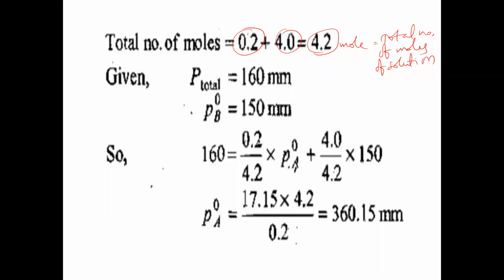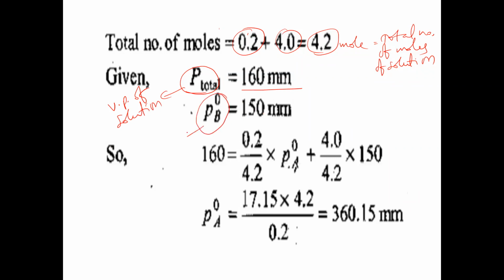Now, given that P total, the vapor pressure of the solution, is how much? 160 mm. 160 mm is the vapor pressure of the solution formed. And PB naught means what now? Water.